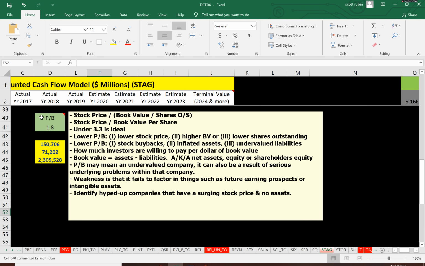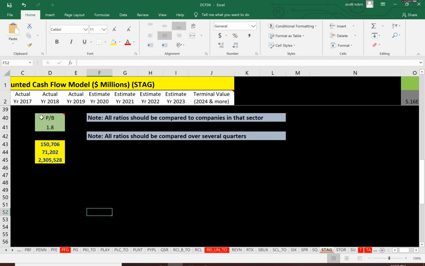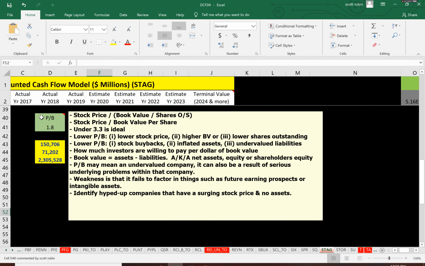Now that doesn't mean if it's a really valuable company, you should take the number as it is. You should kind of look at the numbers, because there are things in your assets that could really inflate your equity number. Like there's a lot of intangible assets like goodwill or patents or trademarks that are assets, but they don't really have value.